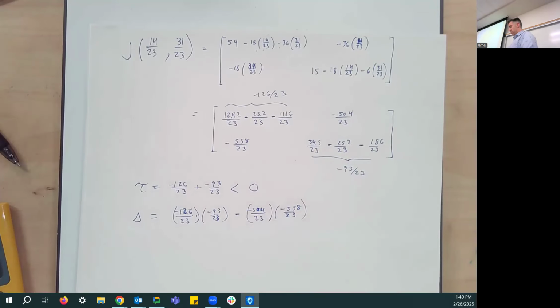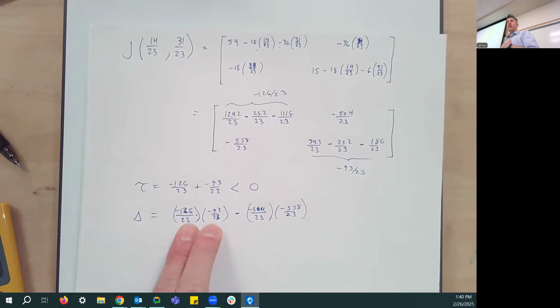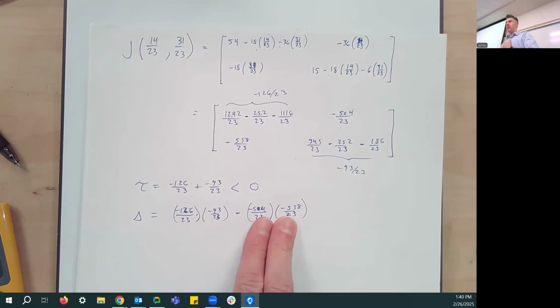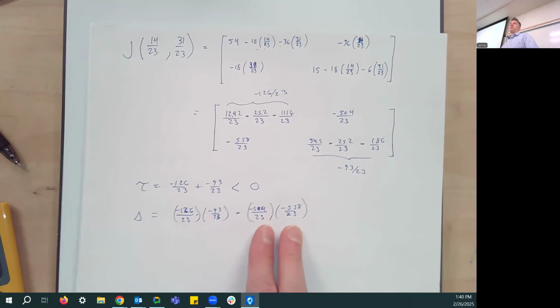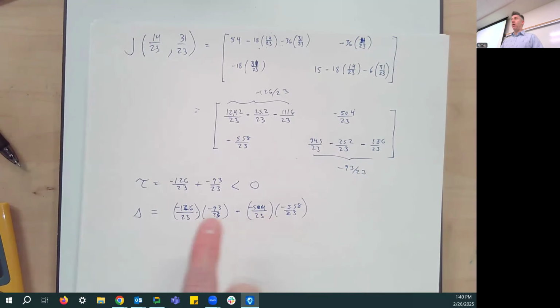Okay, let's ask, excuse me. That's positive. That's positive. And I think it should be obvious which one is the bigger positive number. Is it 126 times 93 or is it 504 times 558? That one, clearly.